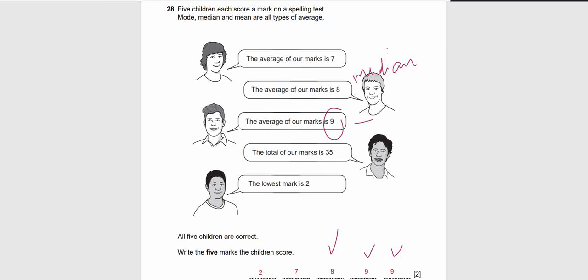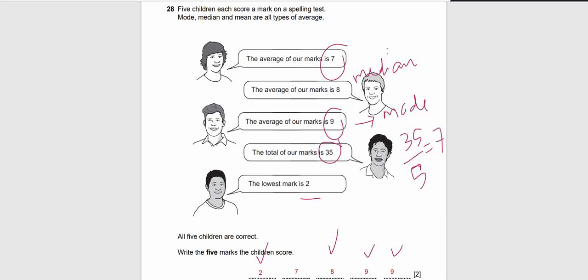This is the mode, then this is the lowest mark, which is clear. So the average is 7 because 35 is the total mark. 35 divided by 5 students, it should be 7. It's true.